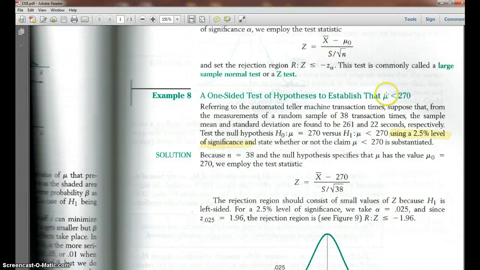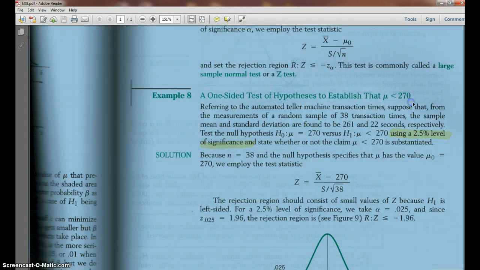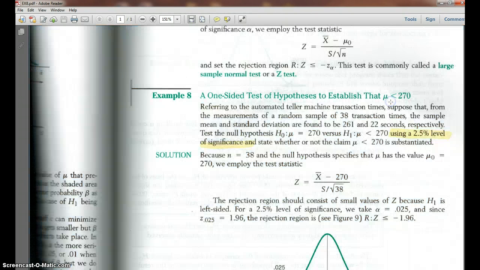But we want to know. So maybe we found out this sample mean is 240. Is that small enough to support their claim about the population mean? Because 269 is sort of too big. It's a sample, and we know from our experience before, the population mean could fall in the near area, a close area of 269.